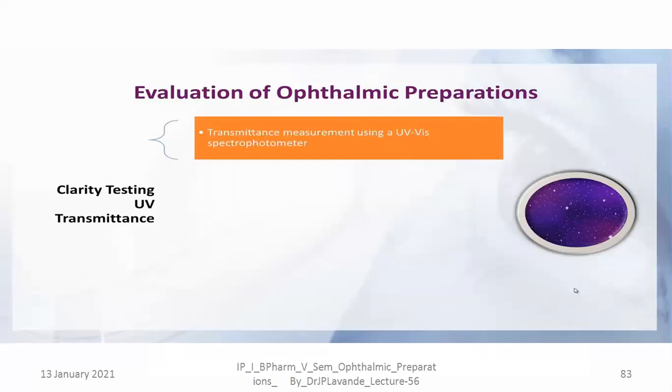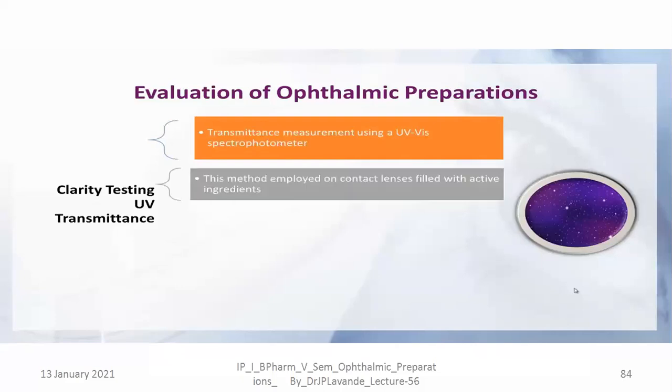In case of clarity testing, again the transmittance measurement can be done using the UV visible spectrophotometer. So either we can perform it by visual inspection or by the spectrophotometric method, right?